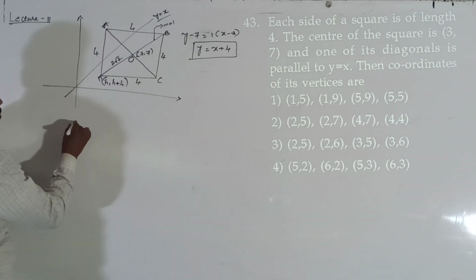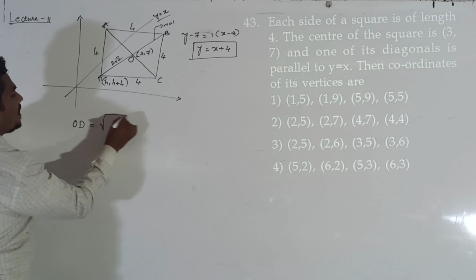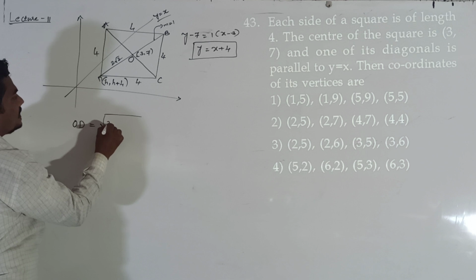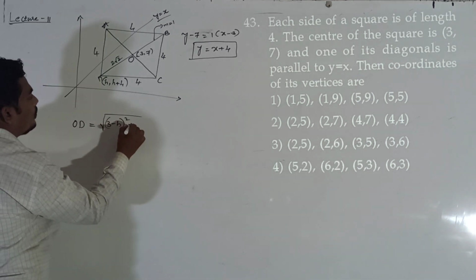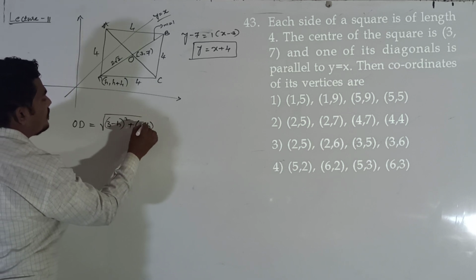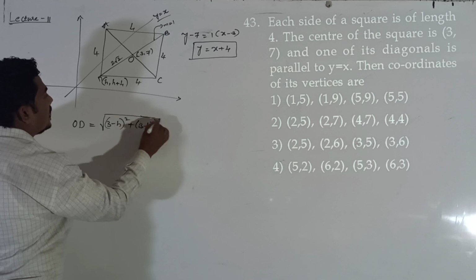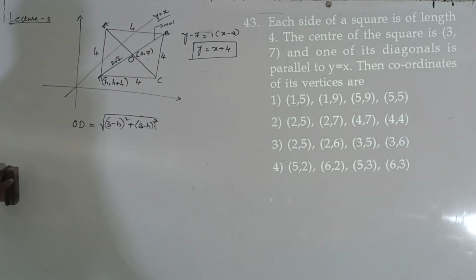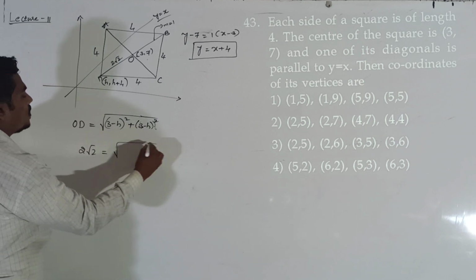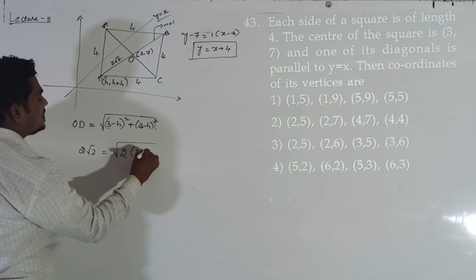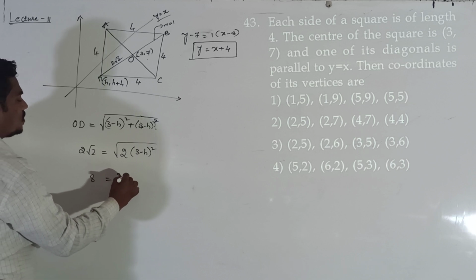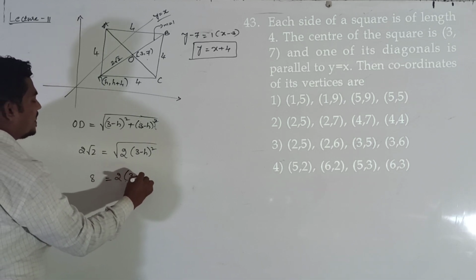Then OD length, by using the distance formula, with this point as x1 y1 and this as x2 y2: 3 minus h whole square plus 7 minus this, that means 4 minus h, 3 minus h whole square only. Already the OD distance is given, that is 2 root 2, equal to square root of 2 times 3 minus h whole square. Squaring on both sides, it will be 8 is equal to 2 into 3 minus h whole square.